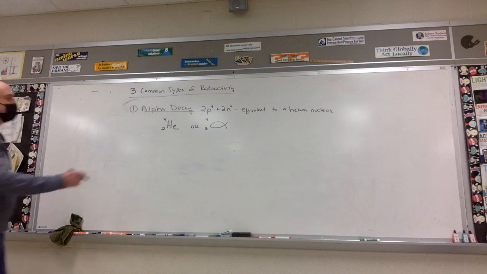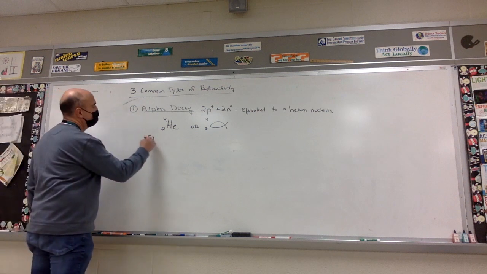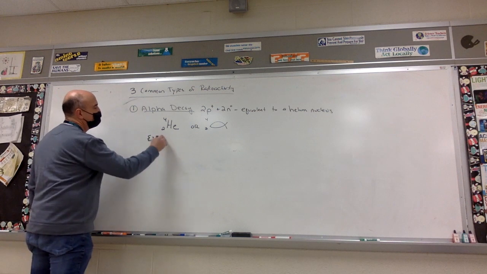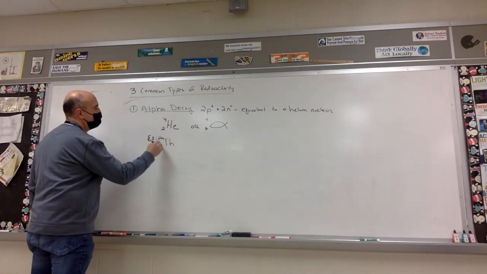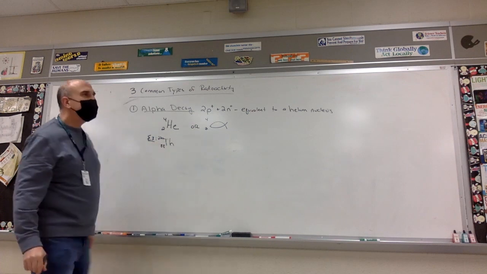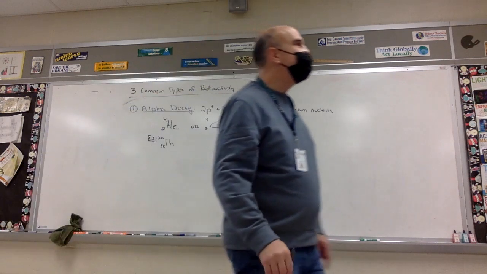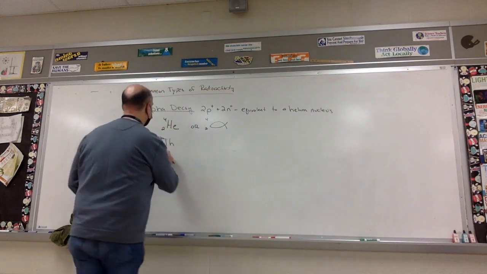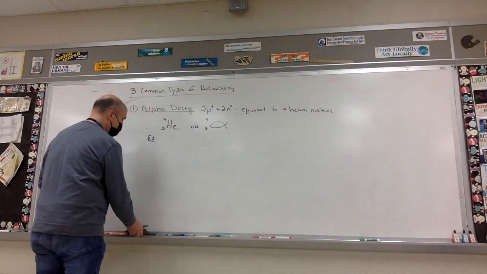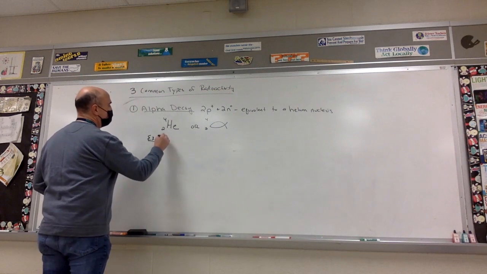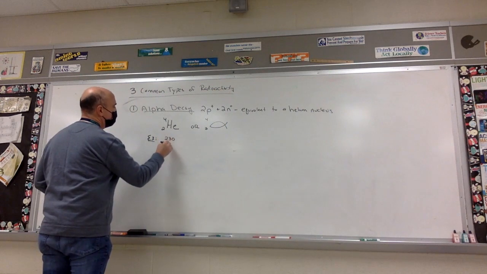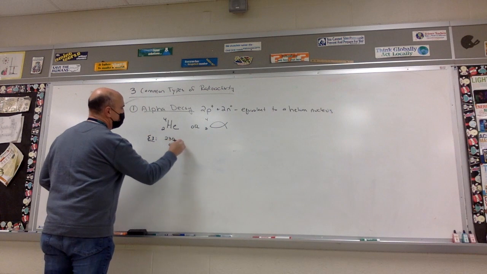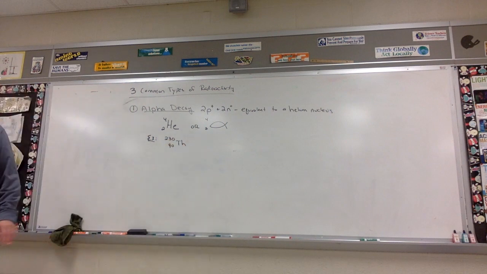So an example of this would be thorium-230. That's 90, I'm sorry. Thorium on the periodic table is Th.